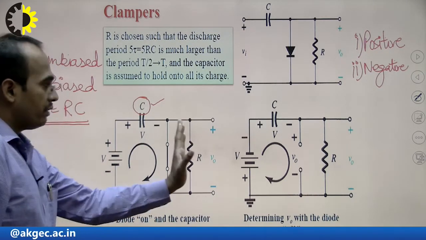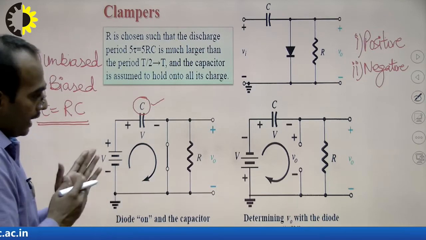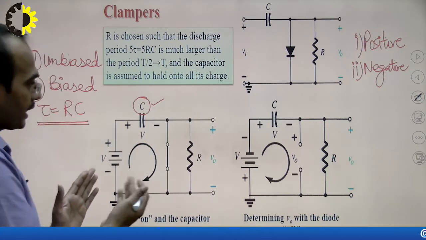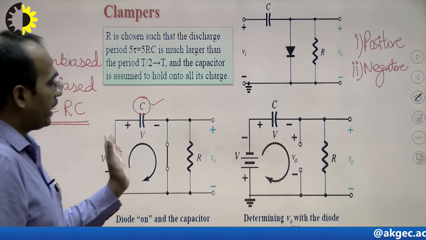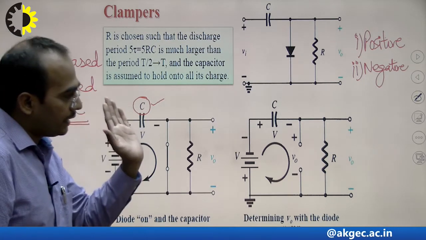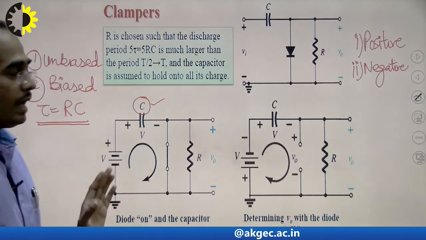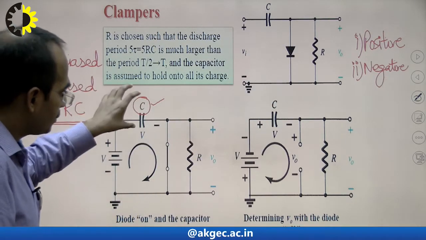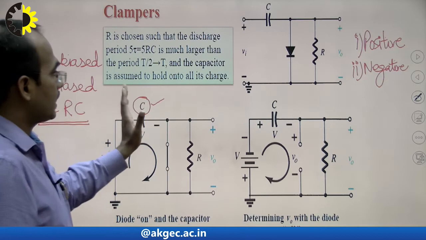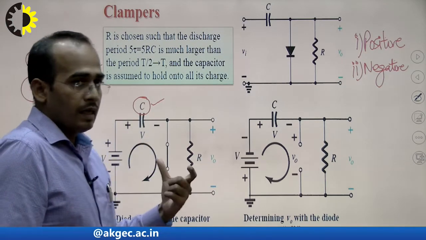So at that time we will find the output. For the next half cycle, I will consider that the diode is reverse bias and the capacitor is fully charged, so the capacitor will behave like a battery.